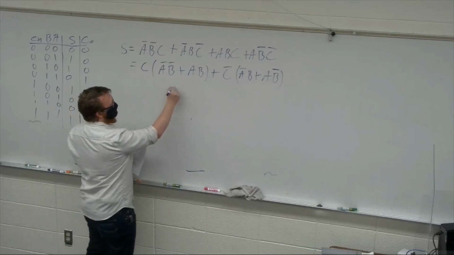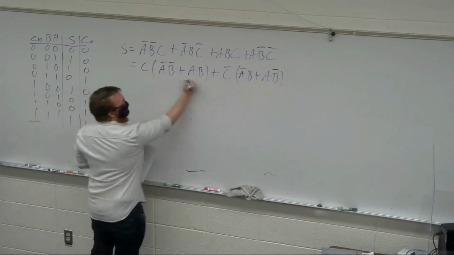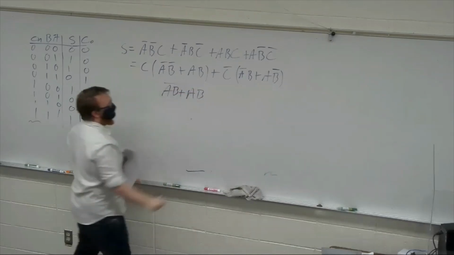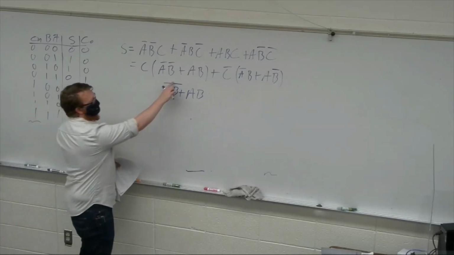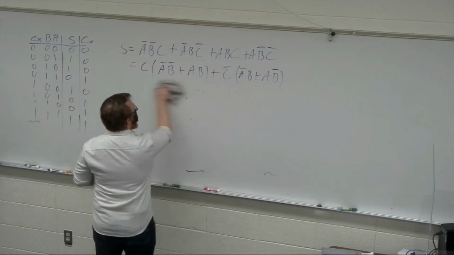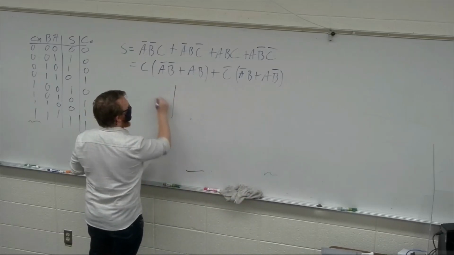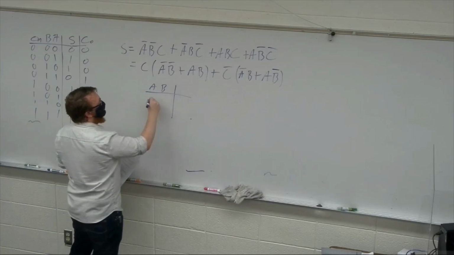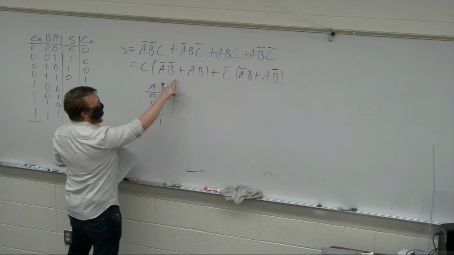This does not equal 1. Right? A, B, or A, that is equal to 1. But this is different from that. And people forget that and it causes them issues on exams. And what you'll find out pretty quick from this expression, if I do A and B, well, if I have AB or A bar B, I have a 1.